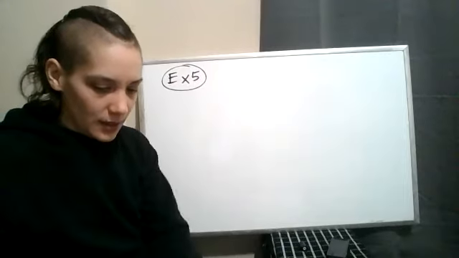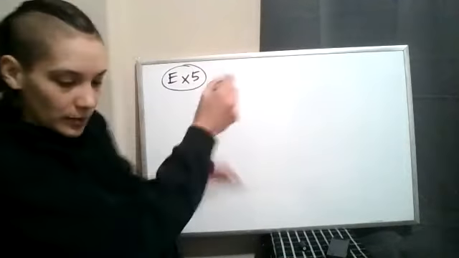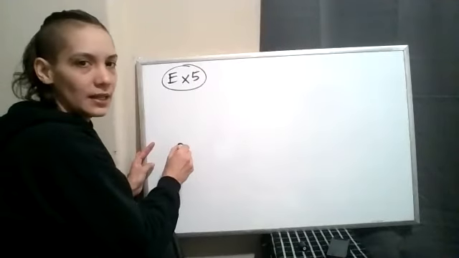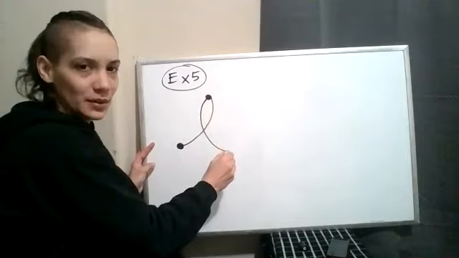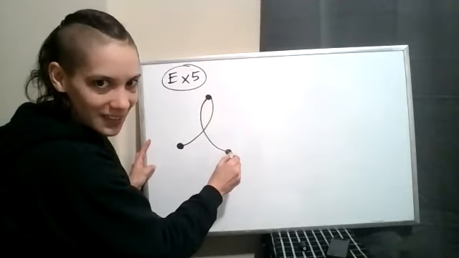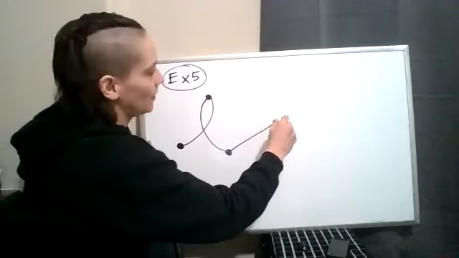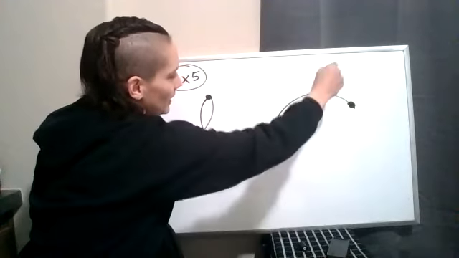I think we'll be able to draw this together. So we're going to have a dot and up, dot, loop, dot, dot, over, dot, and like this.